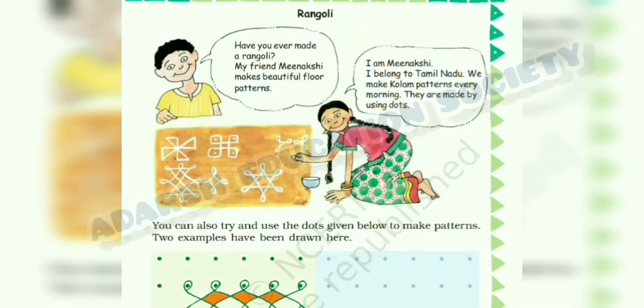We also can say rangoli is design which we make in front of our house at a time of festival. When Diwali and Holi is there, your mama and sister draw a rangoli in front of your house. Rangoli is beautiful design with colorful colors. You all know about rangoli, right?